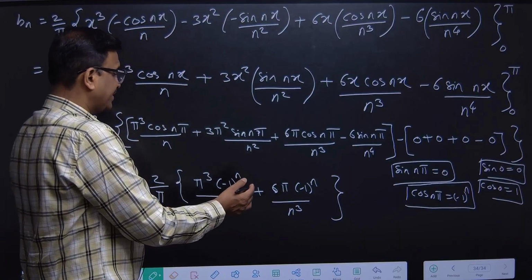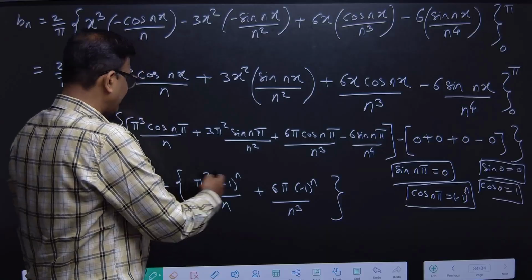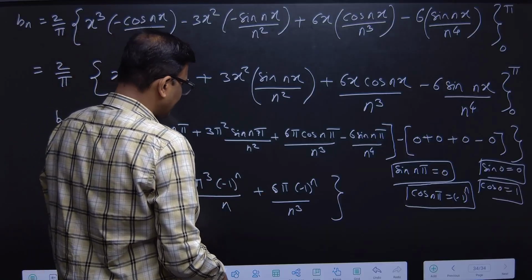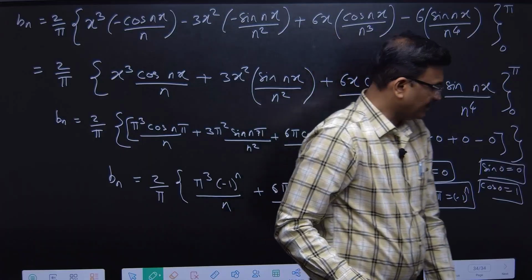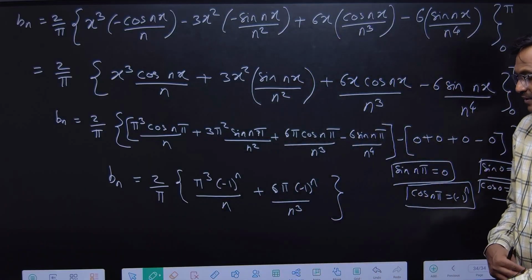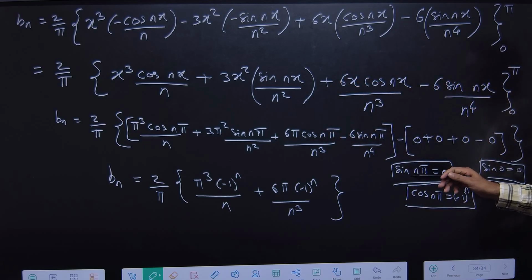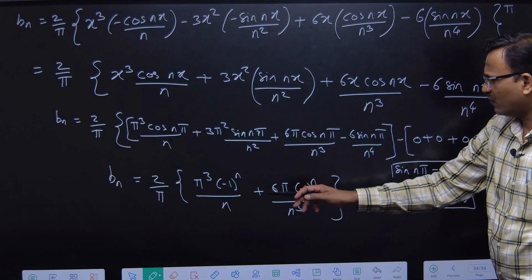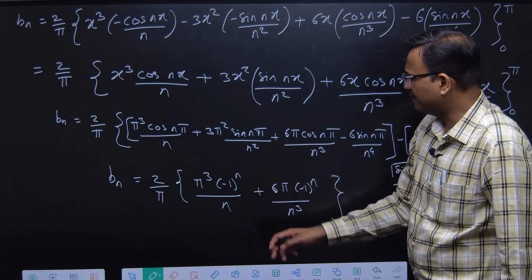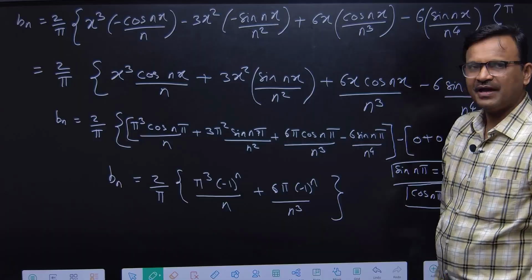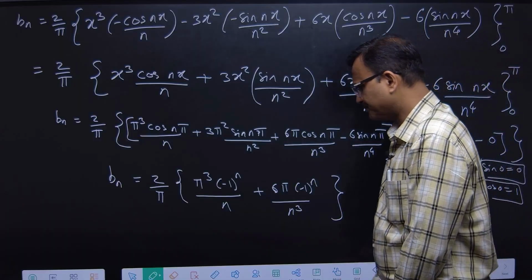Now, we may take pi common, or we can multiply this 2 upon pi inside the bracket. After substituting the upper and lower limit and substituting the value of cos n pi as minus 1 raised to n, we get this term. We can open the bracket, we can multiply 2 upon pi inside the bracket.